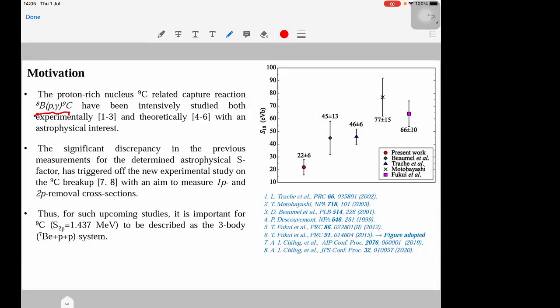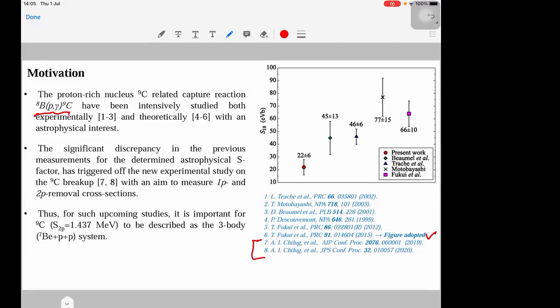This discrepancy has triggered new experimental studies on 9-carbon breakup. The preliminary reports on these experiments have been reported in these proceedings, and the figure is adopted from this reference by the co-authors, or collaborators, of this study.